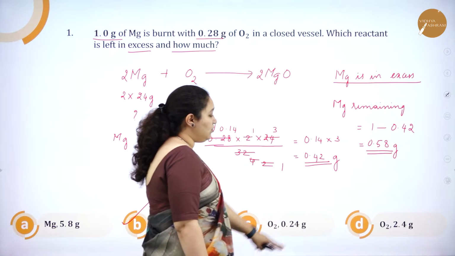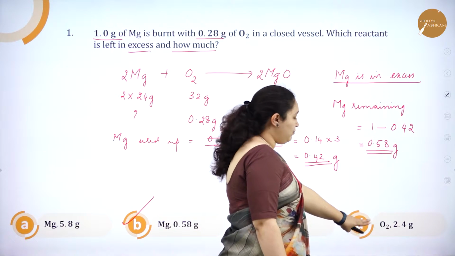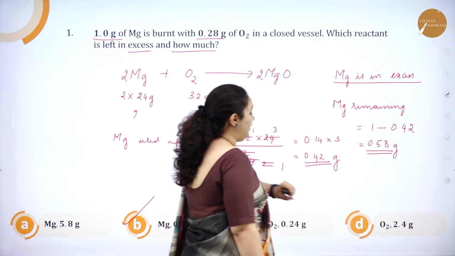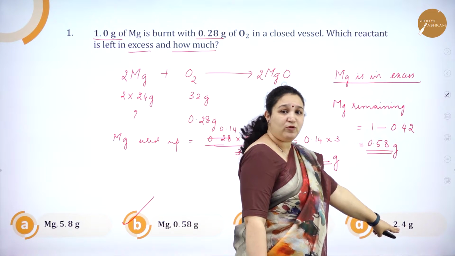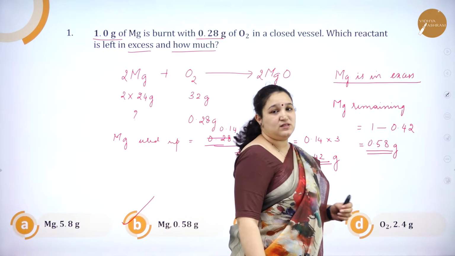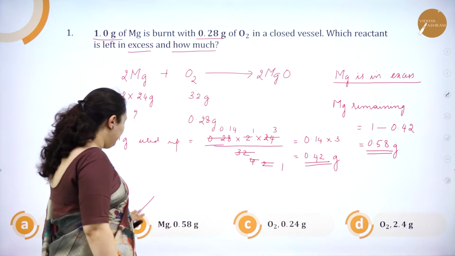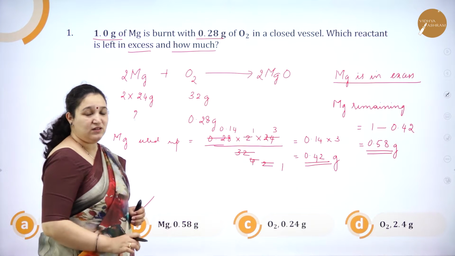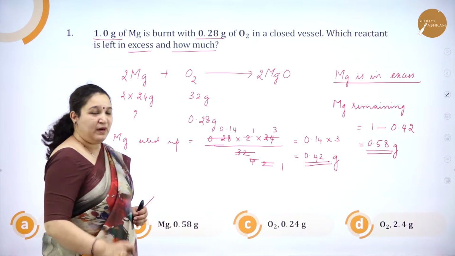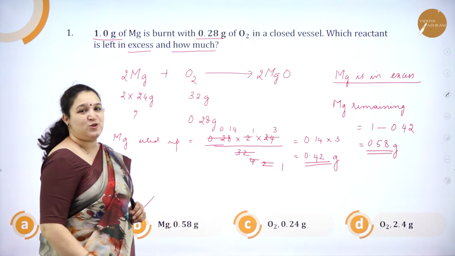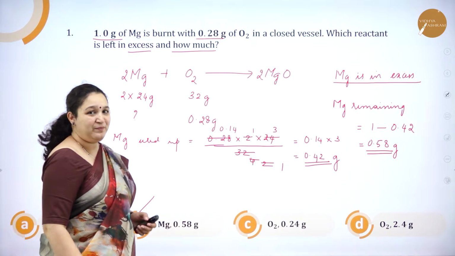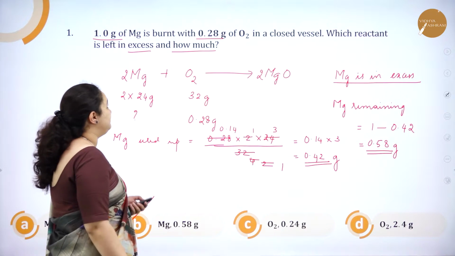Here also D is obviously wrong because they have taken only 0.28 grams and here 2.4 grams is remaining. Again, this is the wrong answer. So obviously option B should be the correct answer even if you don't solve, but this is the method to solve the question. So we'll see the next question.